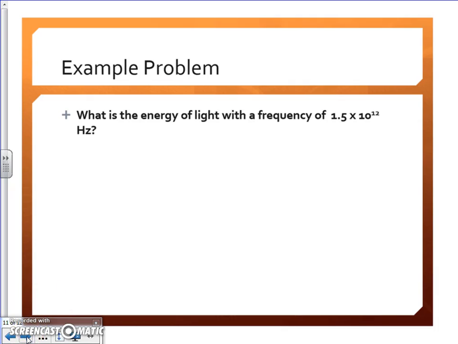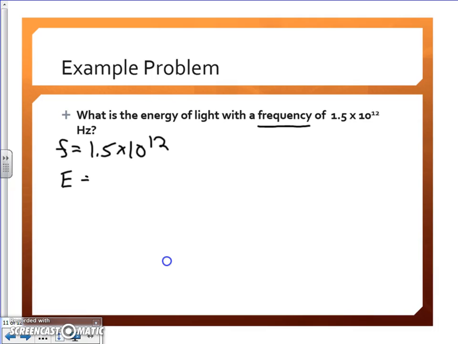So, example problem: what is the energy of light with a frequency of 1.5 times 10 to the 12th Hz? So we are given frequency. Frequency equals 1.5 times 10 to the 12th. It wants to know energy.